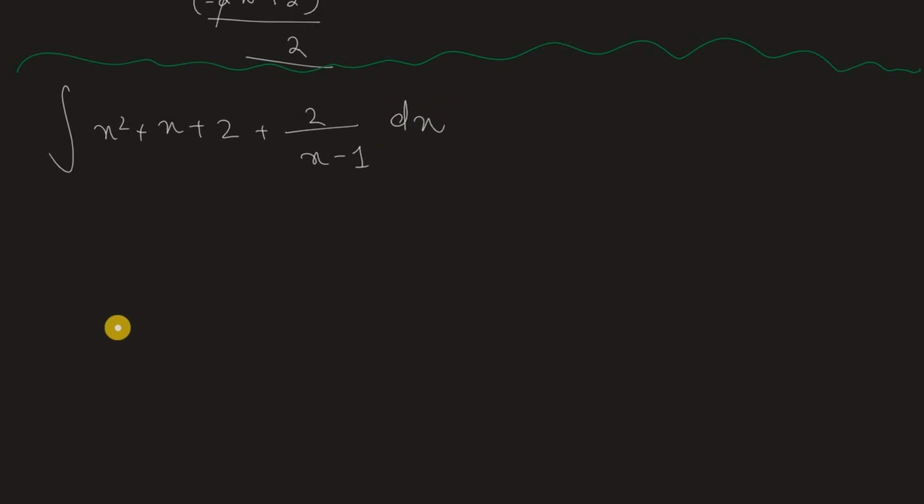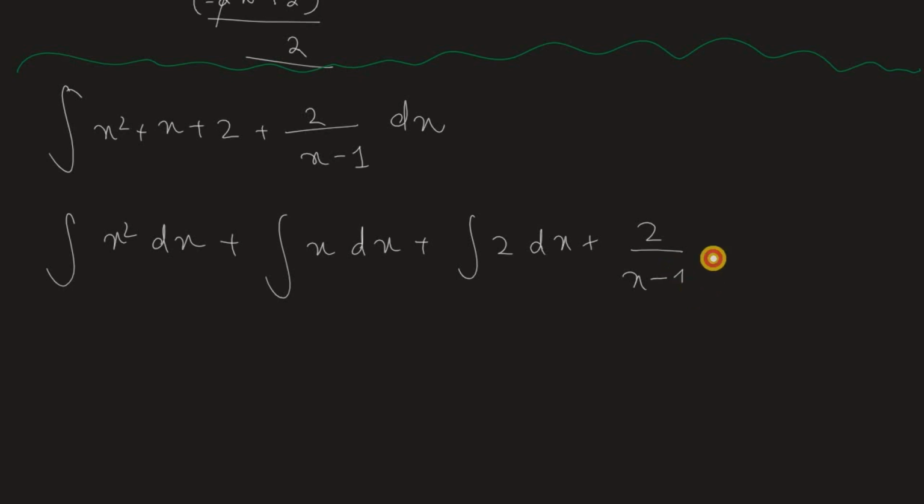Alright, so we're integrating this problem, and when you're integrating, you can break it into smaller parts so that it makes your life a little easier. Okay, 2 dx plus 2 over x minus 1 dx. So you can integrate what you can right now.